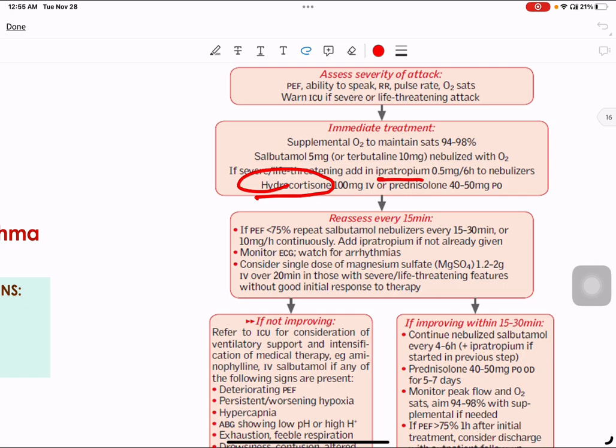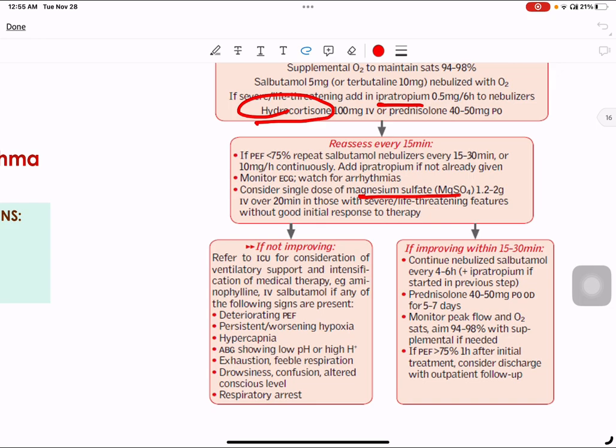And even if the response is not good despite ipratropium nebulization and oxygen, then we have to think of giving magnesium sulfate, 1.2 to 2 gram IV over 20 minutes, if the patient has a very poor response to nebulization, oxygen and steroid.